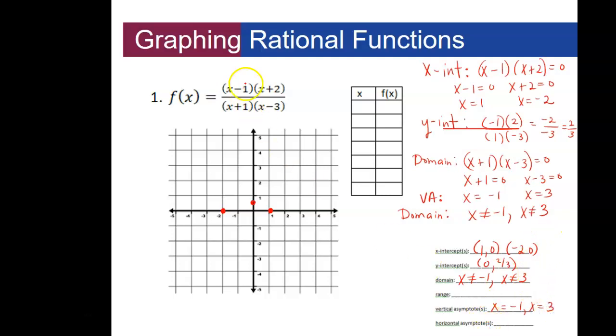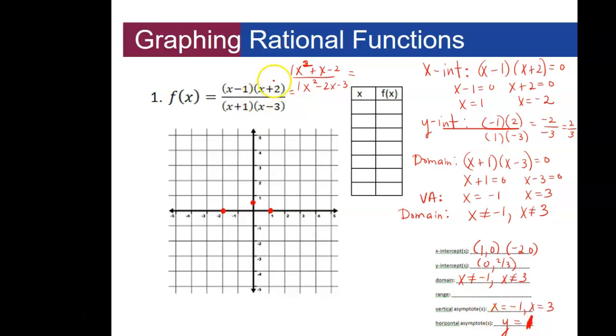Okay, our horizontal asymptote, if we were to multiply this out, I'm going to have x squared plus x minus 2, and then I'm going to have x squared minus 2x minus 3. So you can see that these have the same degree and the same leading coefficient. So my horizontal asymptote then is going to be y equals 1.